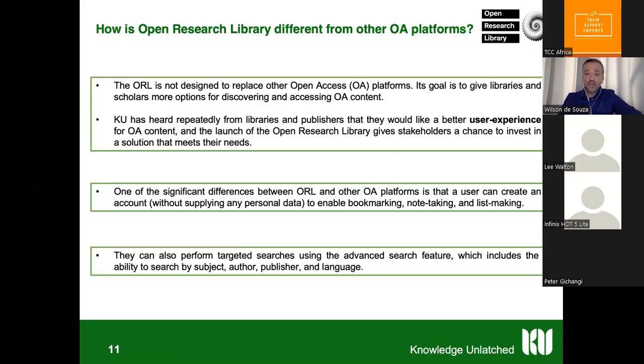In other meetings, one of the questions that arose quite frequently is how Open Research Library is different from other open access platforms. The main point here is that Open Research Library is not designed to replace other open access platforms, but to give libraries and scholars more options for discovering and accessing open access content.